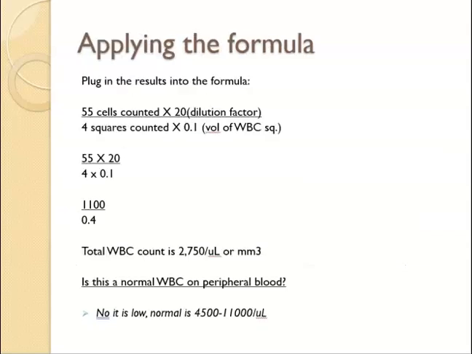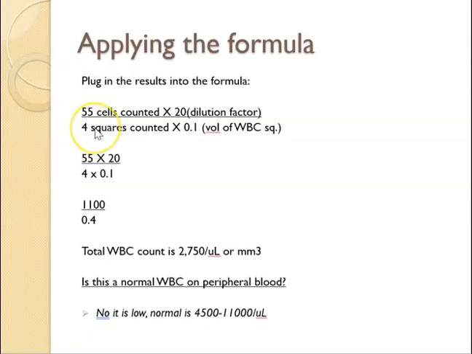So let's plug everything from the example we just looked at on the previous slide into the formula so we can get an exact white blood cell count for this patient. So we have an average of 55 white blood cells counted. Okay. Then we have a dilution factor of 20 because she used a 1:20 dilution. So we only need to use the 20, the dilution factor.